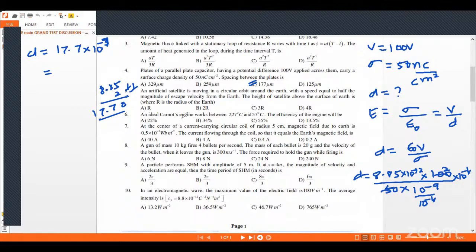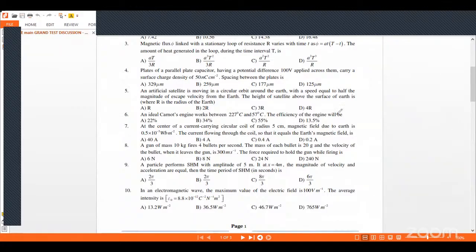Fifth question. An artificial satellite is moving in a circular orbit around the Earth with a speed equal to half the magnitude of escape velocity. The height of the satellite above surface of Earth is.